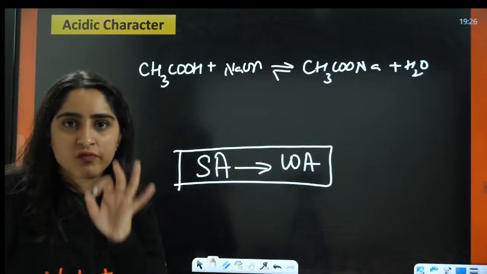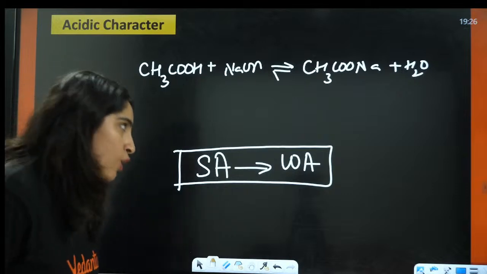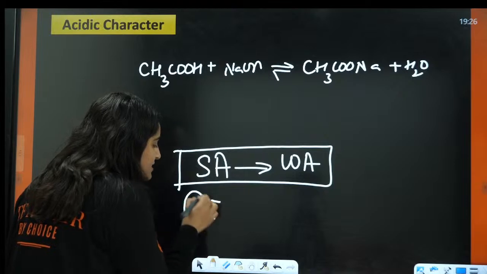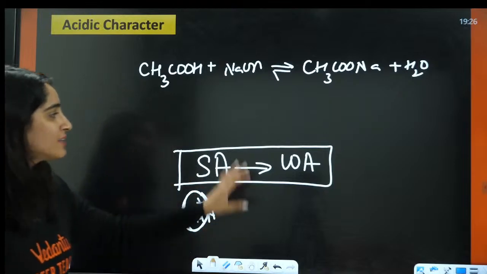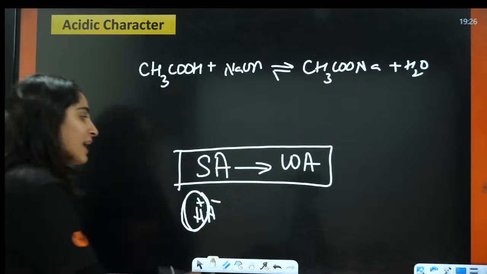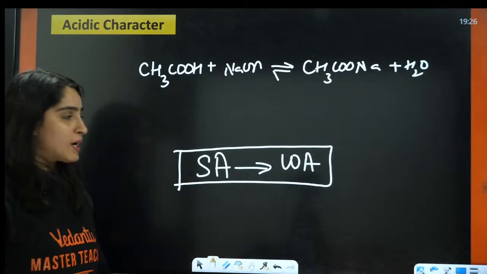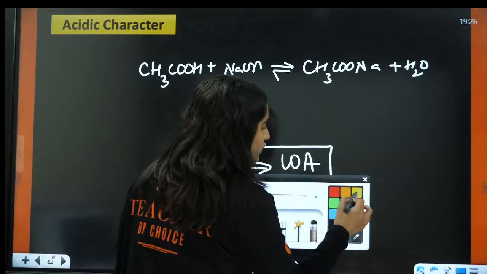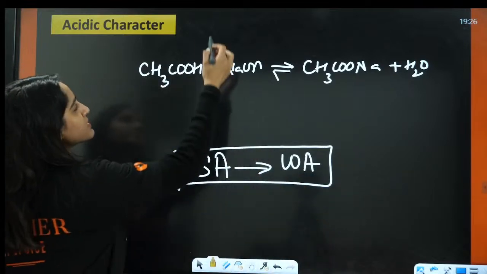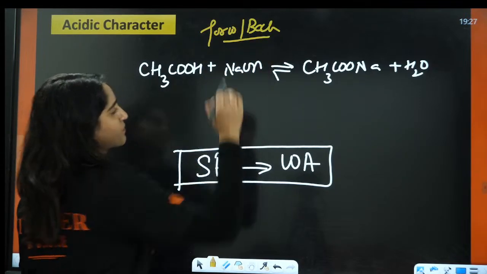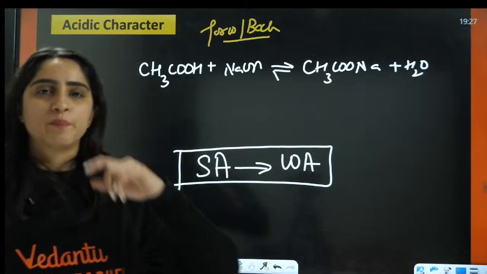It is going in the forward direction if strong acid is converted into weak acid. That reaction will take place very easily because this strong acid HA will easily lose H positive ion, and this weak acid will not be able to lose H positive ion. If the question is asked, will this be a forward reaction or a backward reaction, the answer is not from equilibrium.